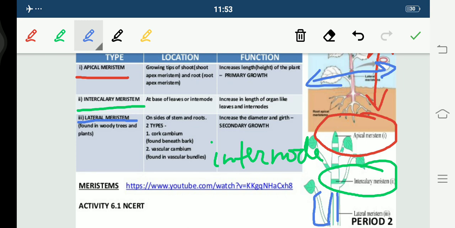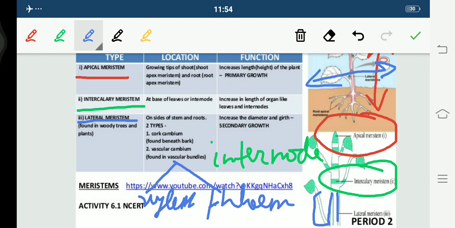Another one is the vascular cambium, that is found in the vascular bundle. And vascular bundle, you all know students, fine. That is xylem and phloem, right? And now talking about its function, it basically gives the secondary growth, fine.